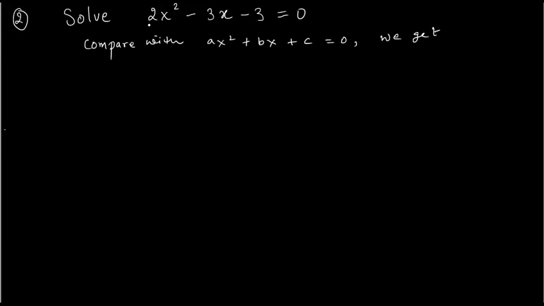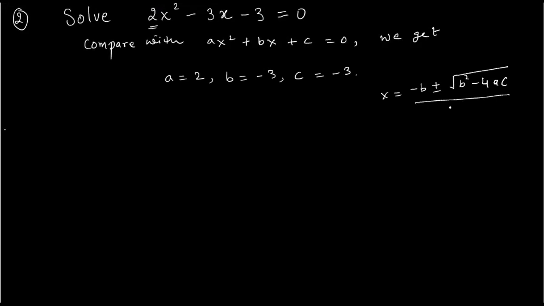After comparing, we get a = 2, b = -3, and c = -3. Our quadratic formula is (-b ± √(b² - 4ac))/2a. So let us use this formula.